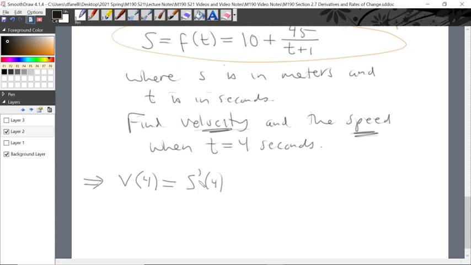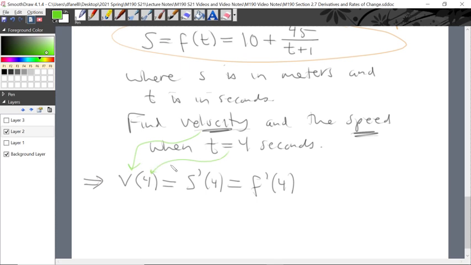That is, the rate of change of position with respect to time gives us velocity, which we can also call f prime of 4 because s is the output variable for the function f of t. So we want to find f prime of 4 because the interpretation of that would be the velocity at 4 seconds.